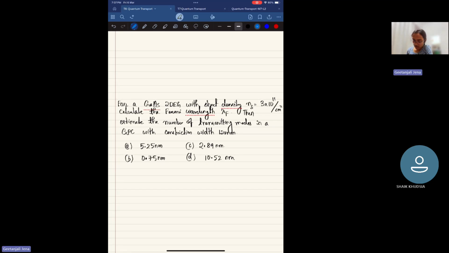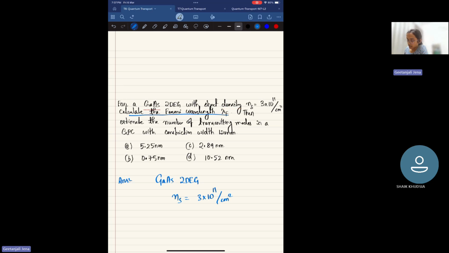Okay, question number 10. We have a gallium arsenide two-dimensional electron gas with sheet density Ns equal to 3 times 10 to the power 11 per centimeter square.